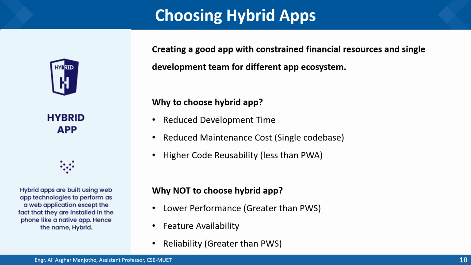So you take that advantage from the native apps, and you also take some of the advantages from progressive web apps, as their development time is reduced, the maintenance cost is less, and the development cost is also less. So it takes some advantages from the PWA, other advantages from the native apps, and it has just the flavor of both options.